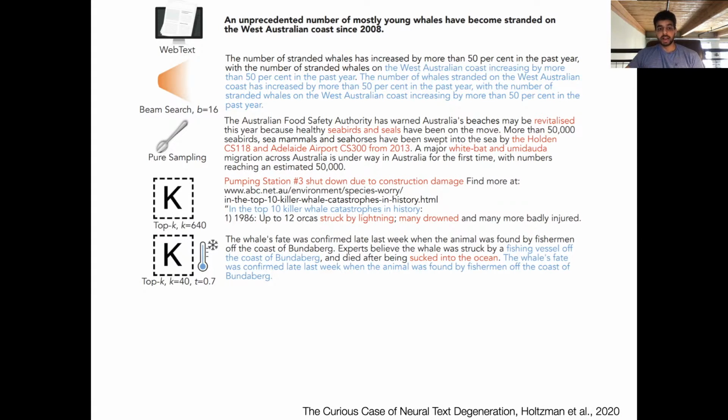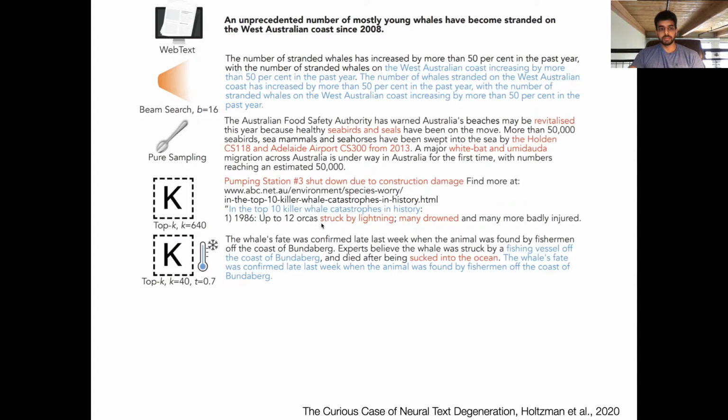Now we can look at top N sampling, here top K, which again is a more common strategy. Here are two different values of K. We see K equals 640, which is very large, and it's not great. It says pumping station number 3 shut down due to construction damage. It outputs a URL, and then it has something to do with whales.